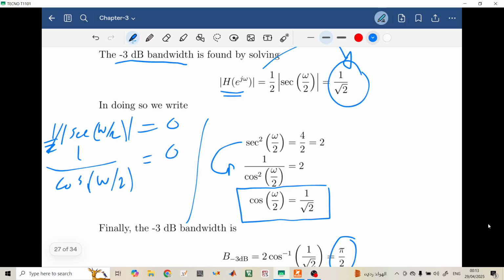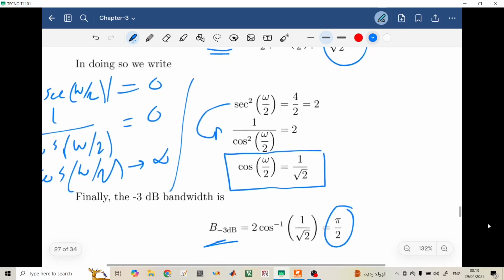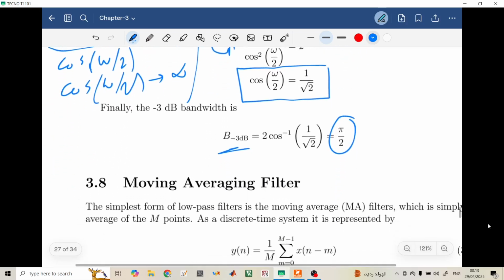If you flip both sides, you get cosine omega by 2 tends to infinity. So in this case, you cannot find the first null bandwidth. So you have to find the minus 3 dB bandwidth, right? Okay.